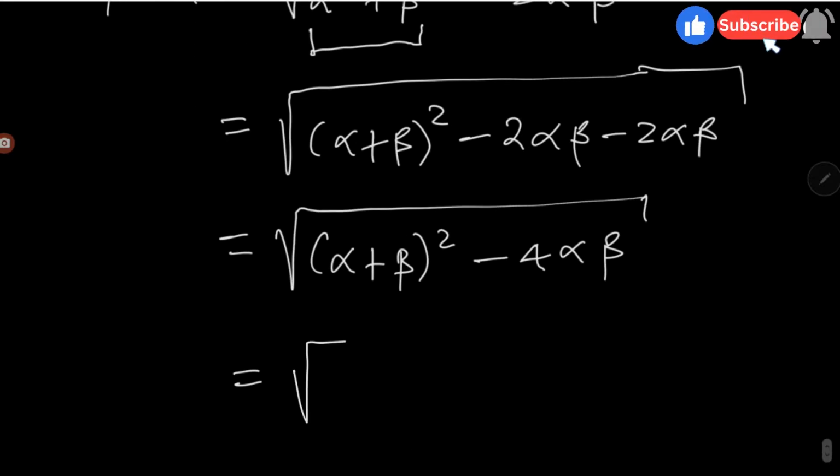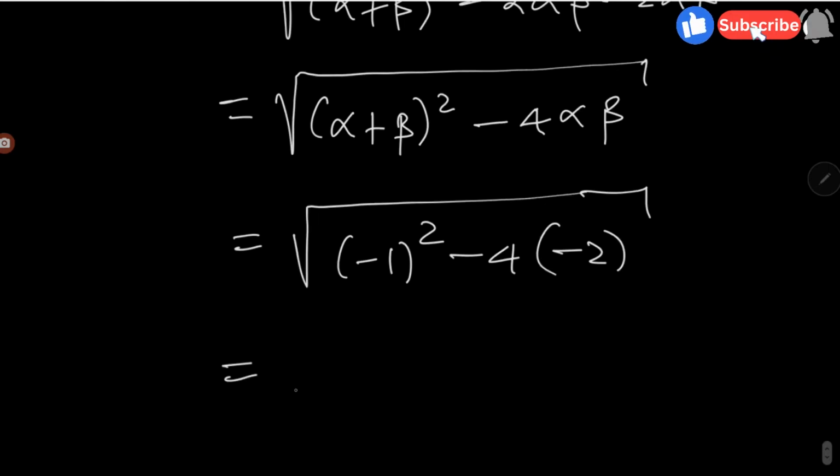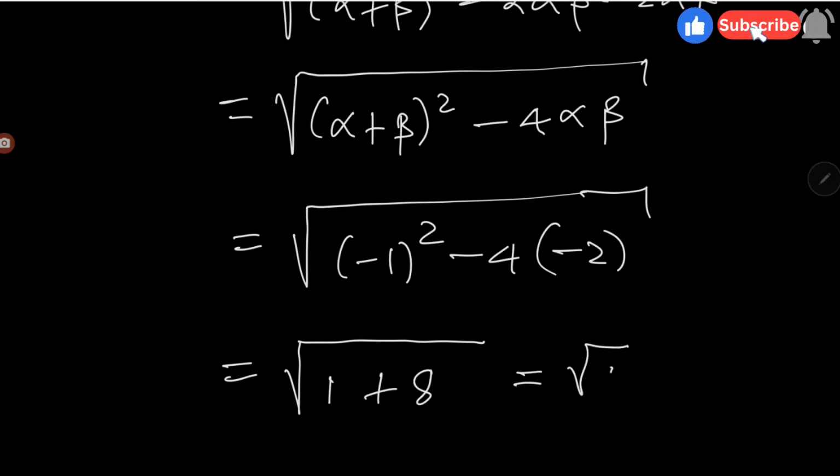So we have the square root of alpha plus beta, we know it's negative 1 squared minus 4 times alpha beta is negative 2. Now we just have to simplify. So this will be equal to the square root of 1 plus 4 times 2, that's 8. From here we'll have the square root of 9, and the answer is 3.